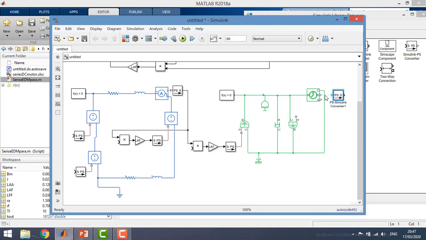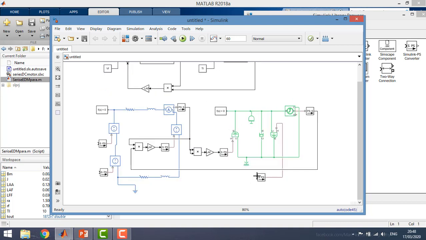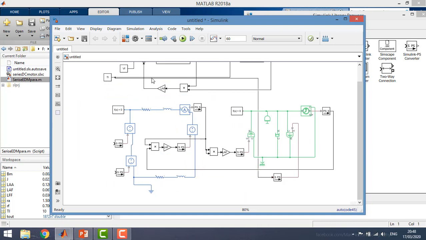This is output, rotating speed. I'd like to have the signal feed back to electrical circuit. Okay, so let's rearrange a little bit the circuit, and this is the same load torque.